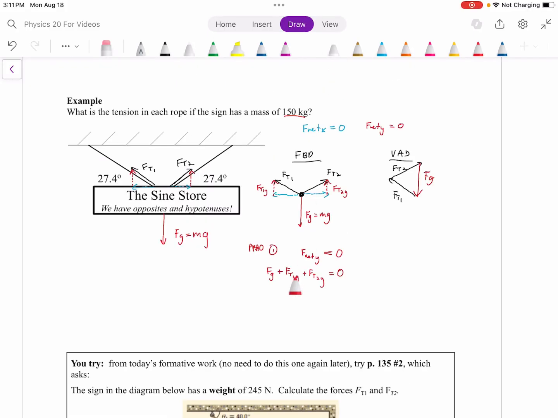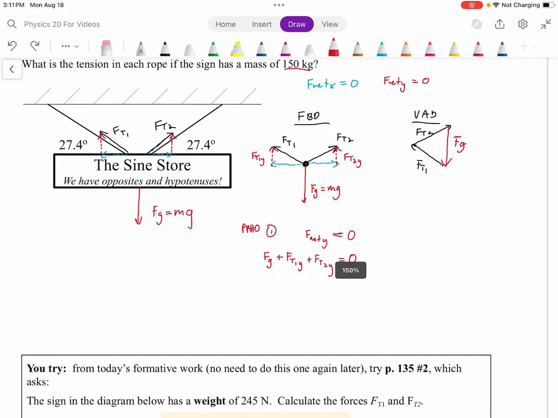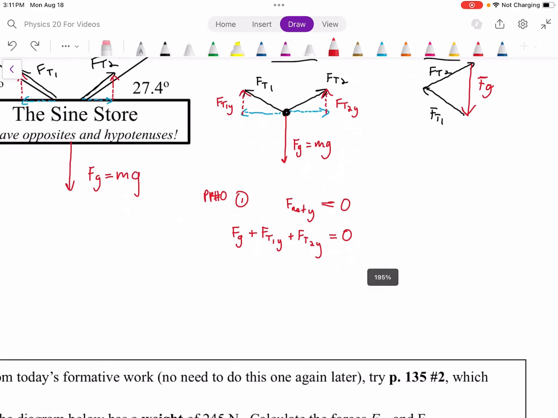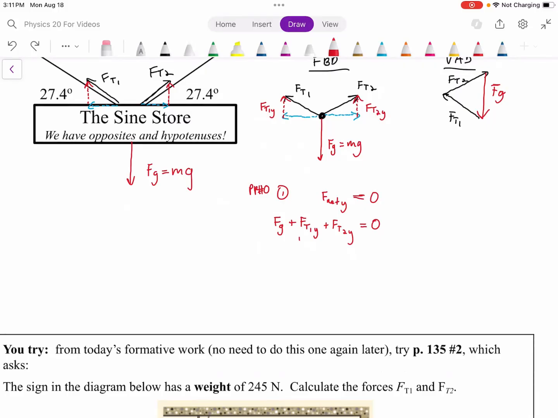Okay, now, here's where the fact that we know they have to be the same comes in handy, right? Because they have the same angle, and they need to have the same x component to cancel each other out, we know they also need to have the same y components, right? So F_T1y and F_T2y are actually the same number, which means we can just combine them like they're like terms.